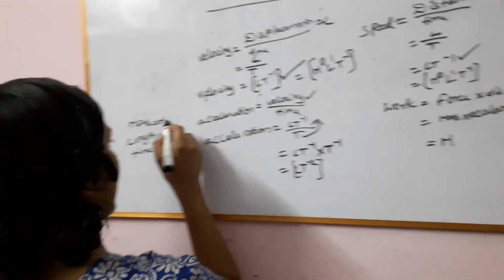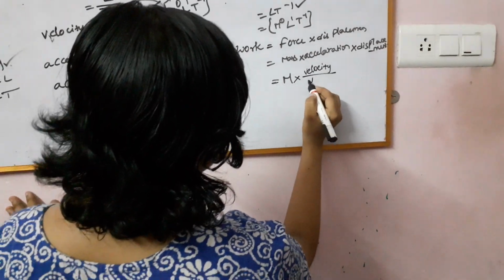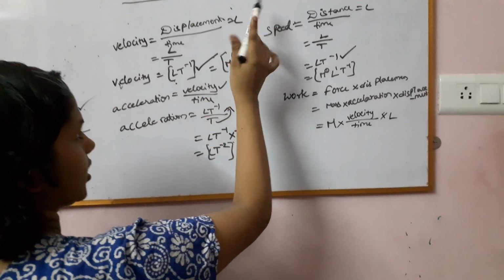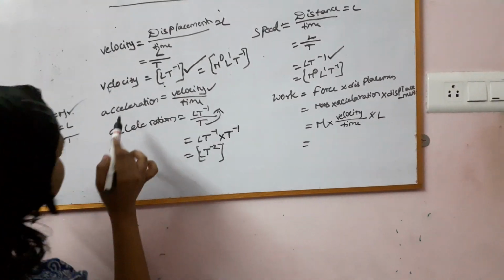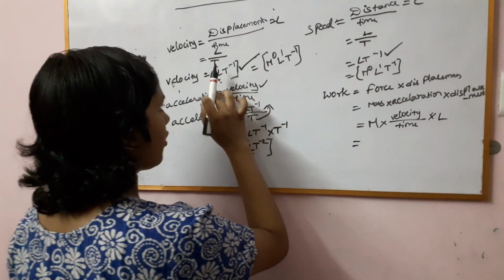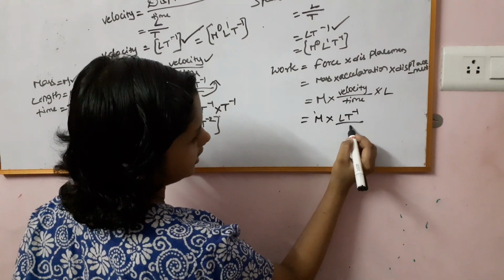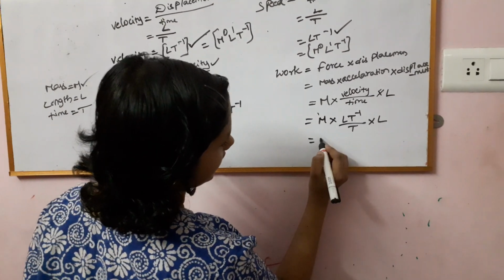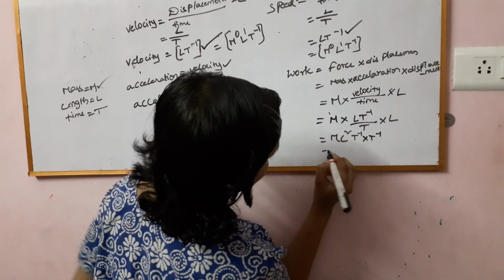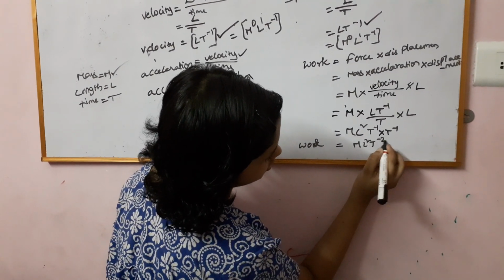M. Acceleration is equal to velocity by time, into L. Displacement means L, which we wrote here. What is the velocity? Velocity means LT power minus 1. If M power 0 is equal to 1, then the formula is LT power minus 1. M into LT power minus 1 by T into L. Then ML square T power minus 1 into T power minus 1. The dimensional formula of work is ML square T power minus 2.